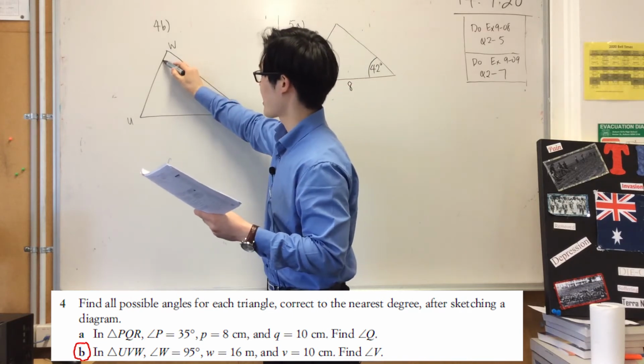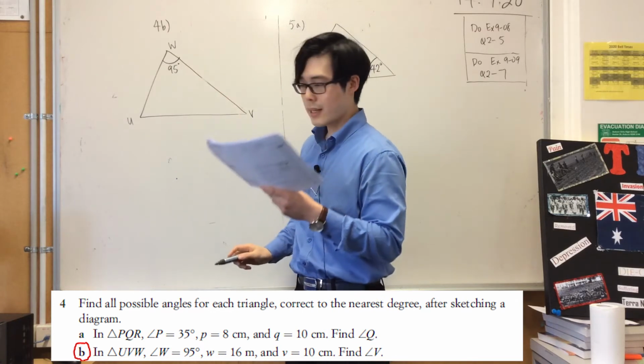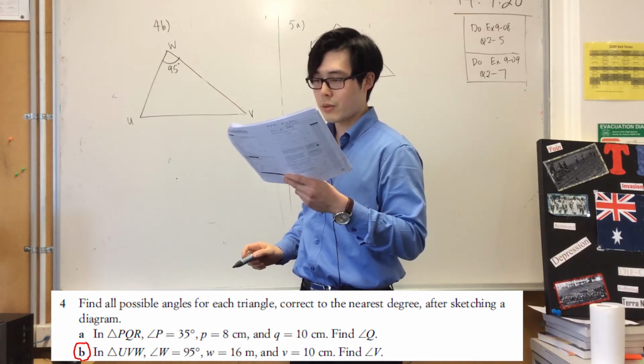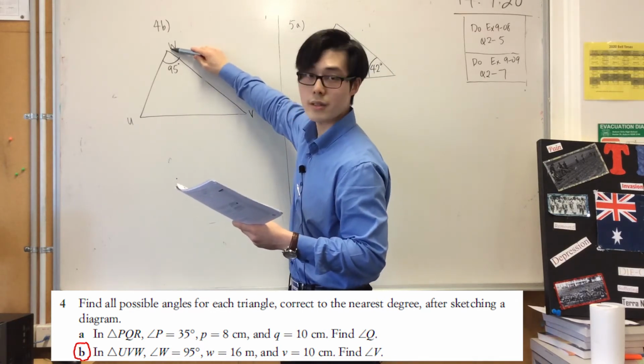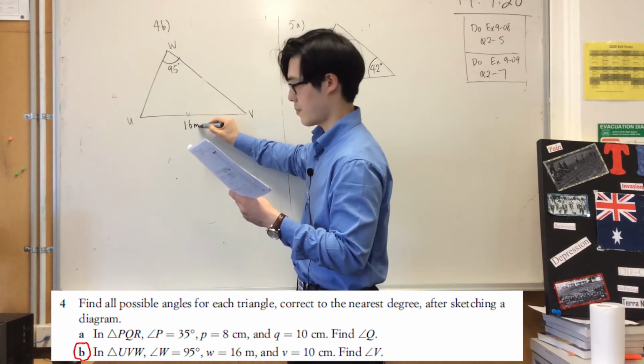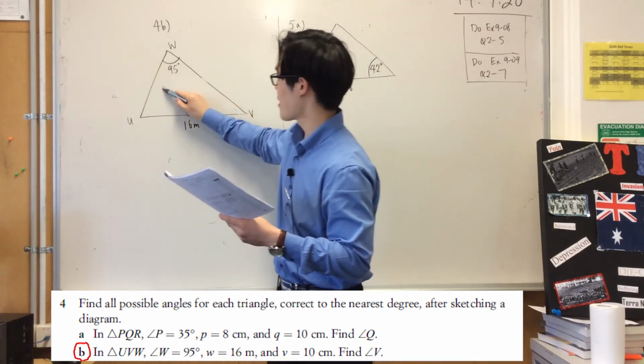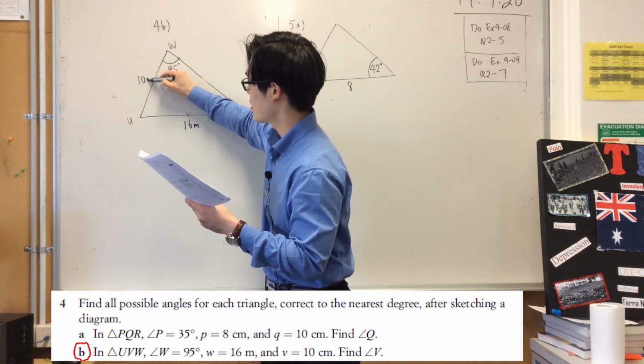Now, w equals 16 meters, so opposite the angle W is where the 16 meters is. And v equals 10 meters, so opposite angle V is your 10 meters here.